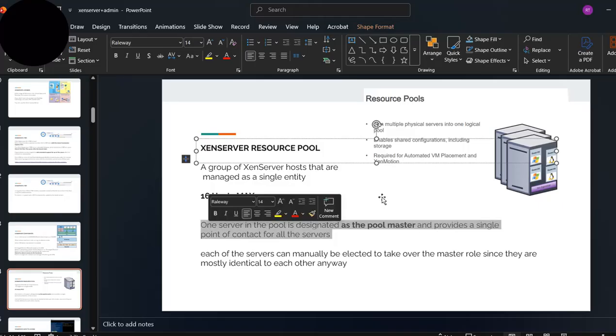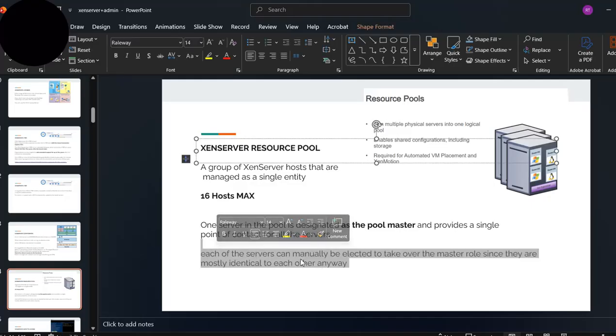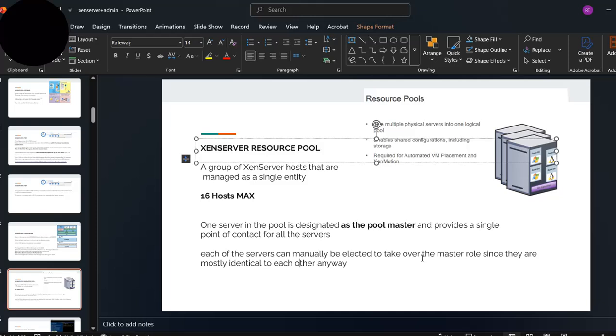So if you connect 16 hosts, one host would be the master and the remaining 15 hosts would be members. Each server can be manually designated to take over the master role, since they are almost identical to each other anyway.